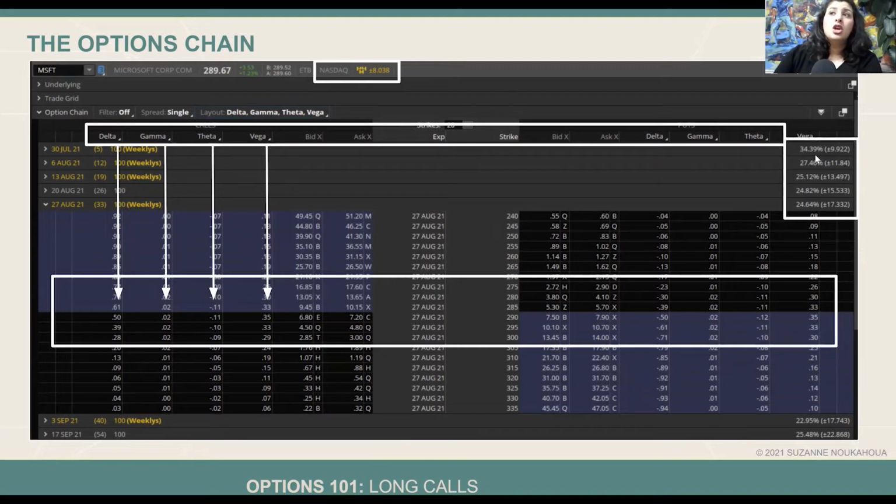So, using the implied move will give you what the broker believes the dollar movement of the underlying will be.